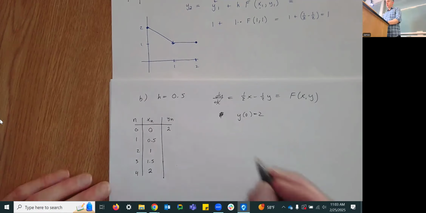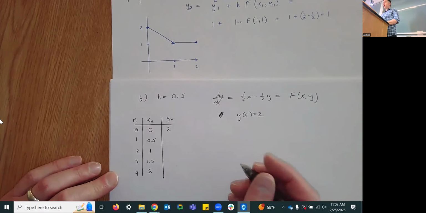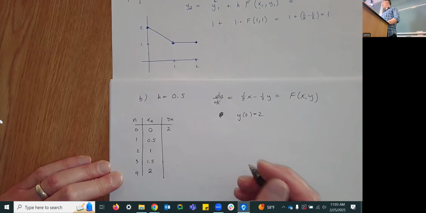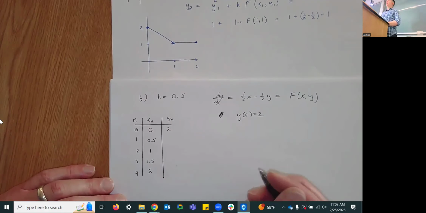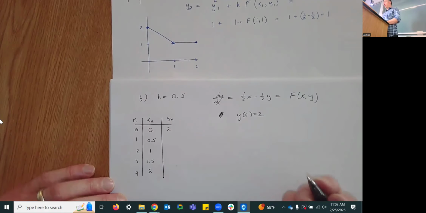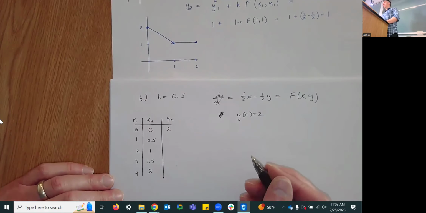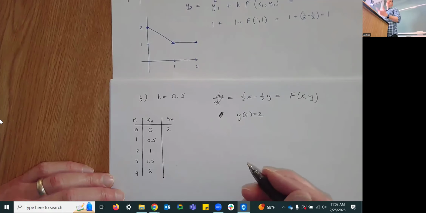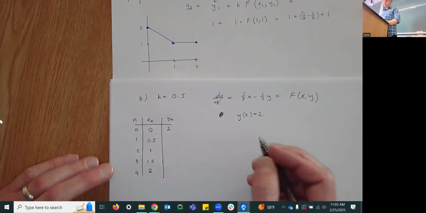I would probably try to do as little writing as possible when you're doing this. I'm kind of writing everything I can, but you should, when you do this on your own, try to be streamlined.